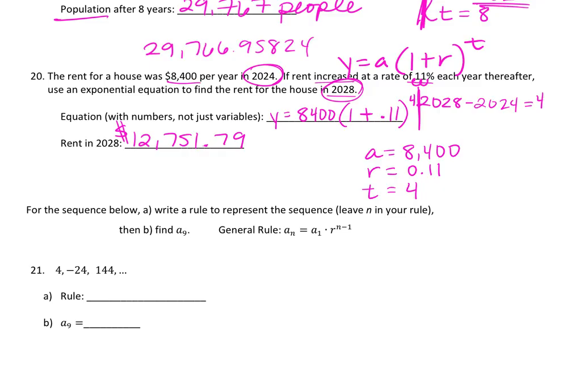Questions on that? Did those of you that got a different number plug it back in and get the right number now? Yeah. So you're going to type in 8,400 and then start a parenthesis and then do 1 plus and then do 0.11 and then end your parenthesis.